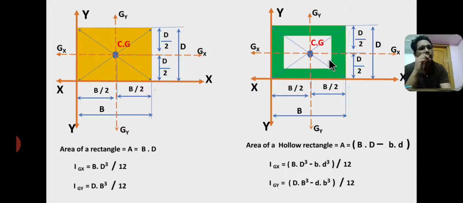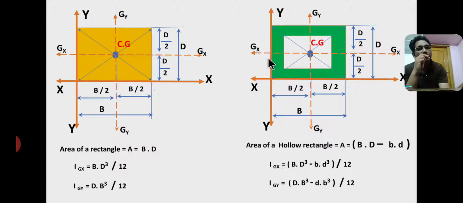Therefore, the area of a hollow rectangle equals the area of the outer rectangle, capital B into D, minus the area of the inner rectangle, small b into d. So capital A equals BD minus bd is the area of a hollow rectangle, whereas for a solid rectangle area A equals B into D.